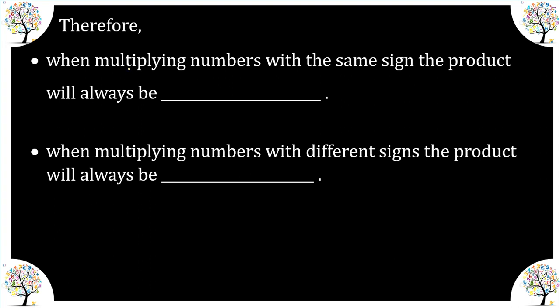Therefore, when multiplying numbers with the same sign, the product is always positive. So these rules are much easier to remember than our addition and subtraction. So if signs are the same, the product is positive, but if signs are different, the product is always negative.